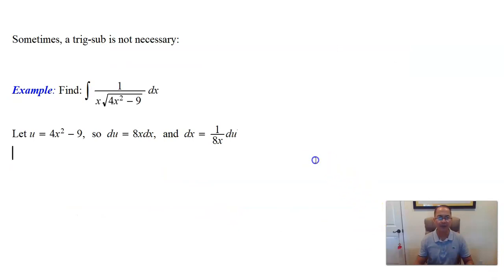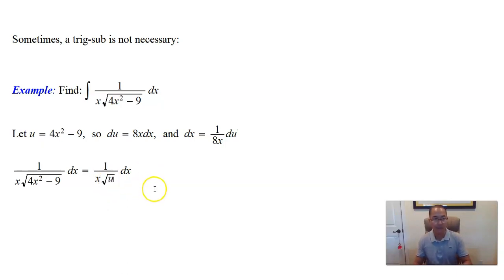But hopefully you're saying to yourself, wait a minute, this feels familiar. Kind of happened in our very first video when we did u subs, where parts of it did not quite fit until you put everything together and like, oh, I know what to do with that one. So this is our u, so we changed that to a u, and our dx is 1 over 8x du, so we changed that as well.